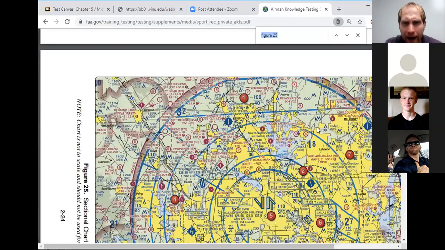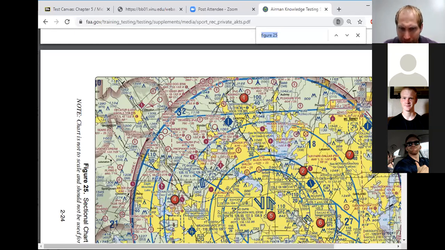Okay, so Air Park, Dallas. We need to find this airport called Air Park, Dallas. Here it is. So it's a magenta data block for a magenta airport. This one's a little tricky because our magenta uncontrolled airport actually falls within controlled airspace. So you have the blue Delta airspace for Dallas Love.